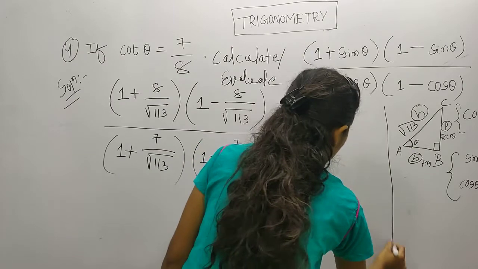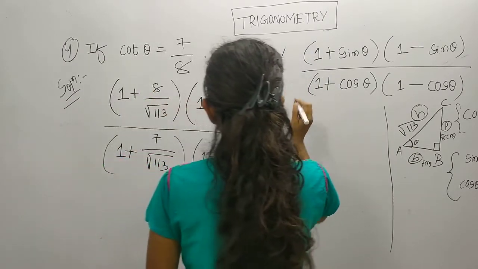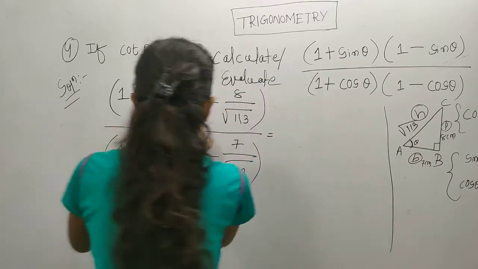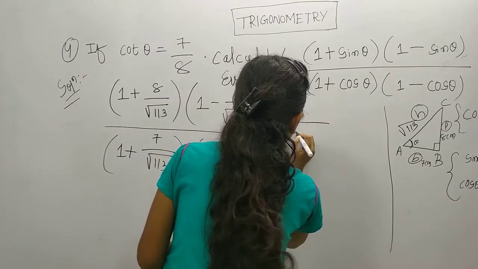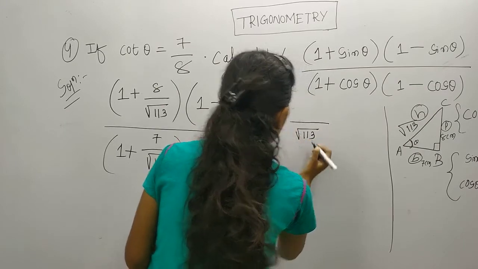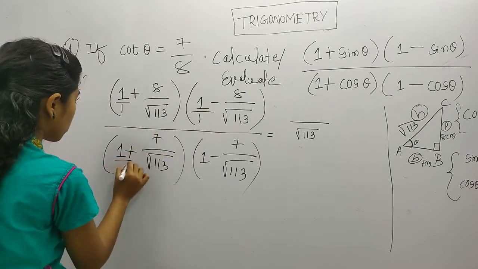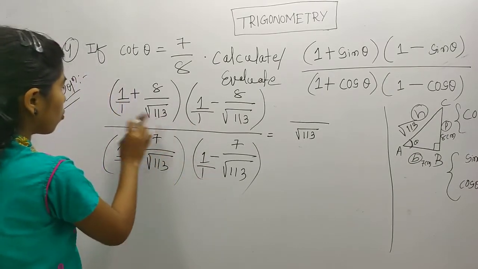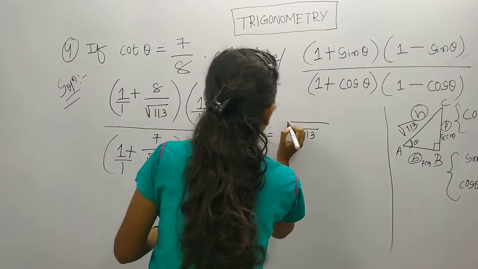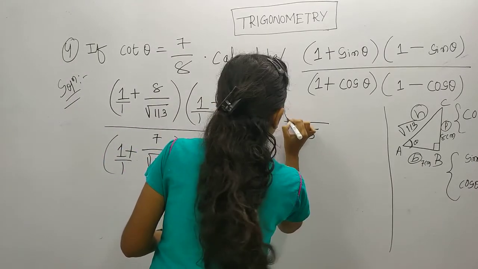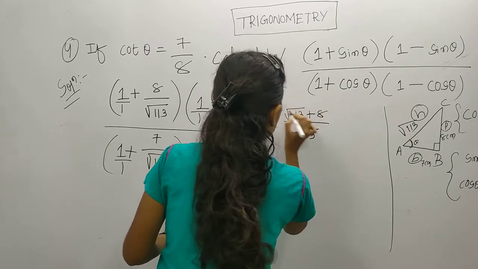So now we have to do the LCM first. Here it will be root 113, and here nothing is there, you can put 1. So root 113 into 1, the LCM is root 113. Now on top it will be root 113 plus 8.